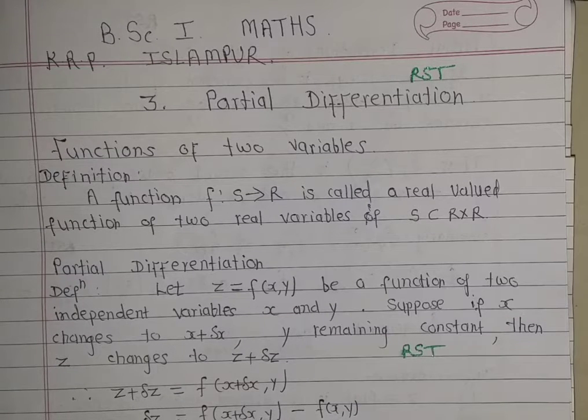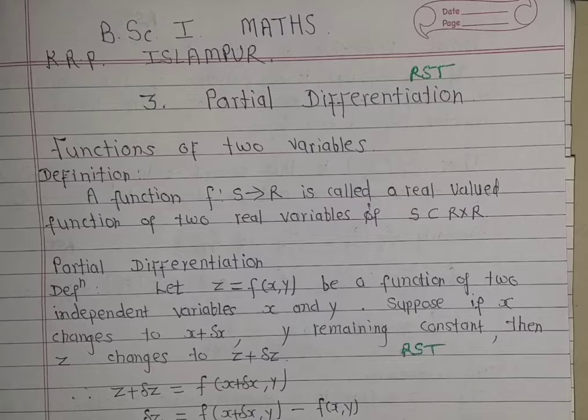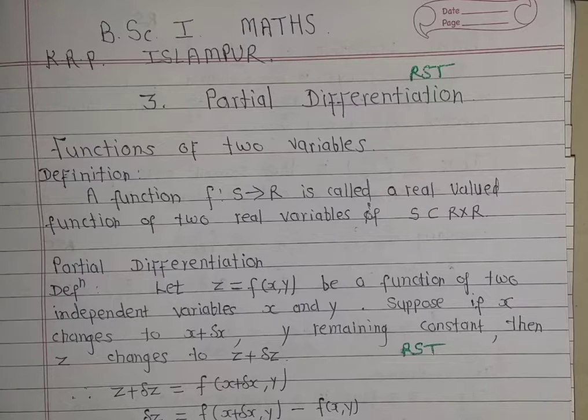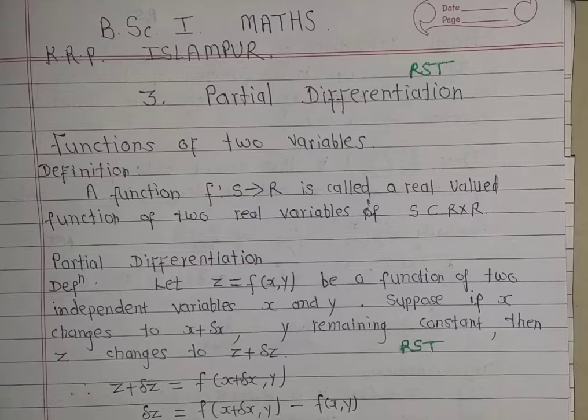Now we divide both sides by delta x and take the limit as delta x tends to 0. So we get the limit of delta z by delta x as delta x tends to 0 equal to the limit as delta x tends to 0 of f of x plus delta x comma y minus f of x y upon delta x. If this limit exists, it is called the partial derivative of z with respect to x and is denoted by delta z by delta x or fx.